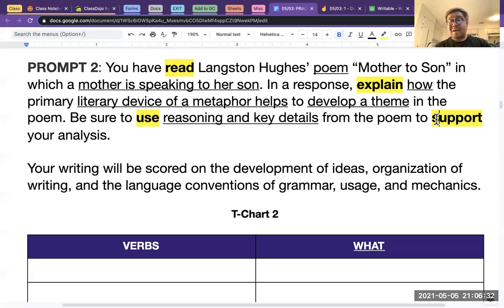To support is the last verb. What am I going to support? I'm going to support my analysis. That word is important, right? So hopefully you will know what analysis means. If you don't know, you should try thinking of words that sound close to it, okay? The word that comes to mind is analyze.